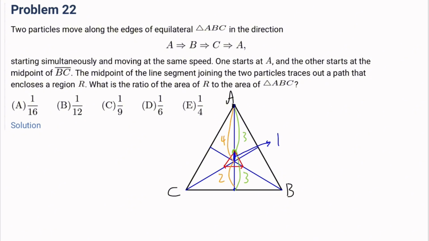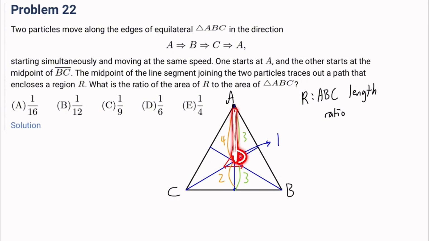What we wanted is R to the area of ABC, and so this is R, and this whole thing is ABC. Since they are both equilateral triangles, they are similar. So the R to ABC length ratio is going to be this length to this length.